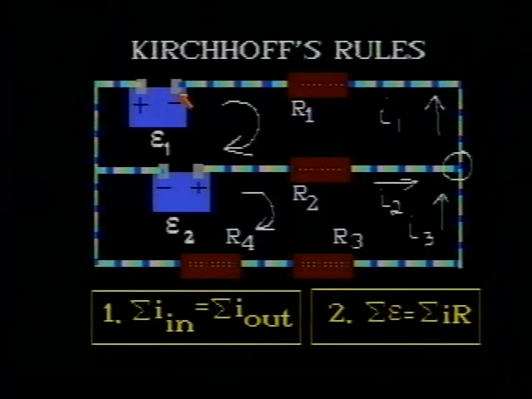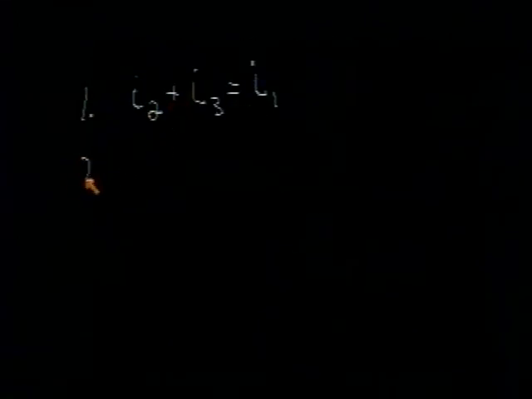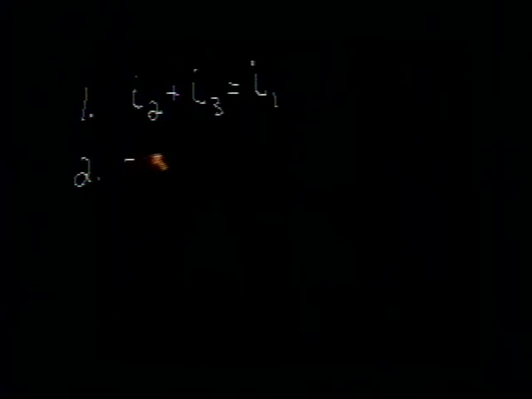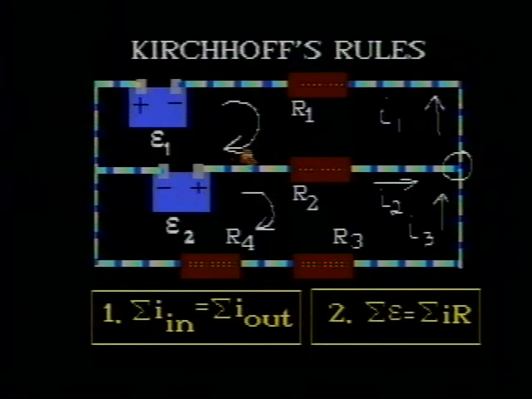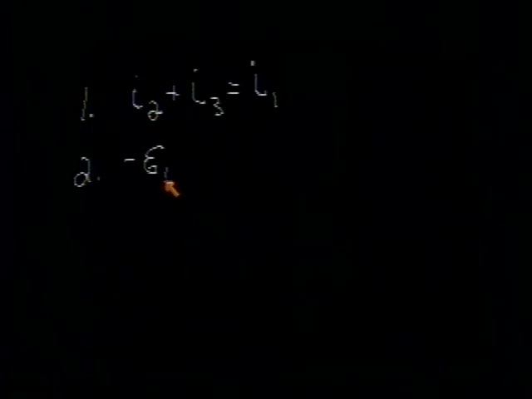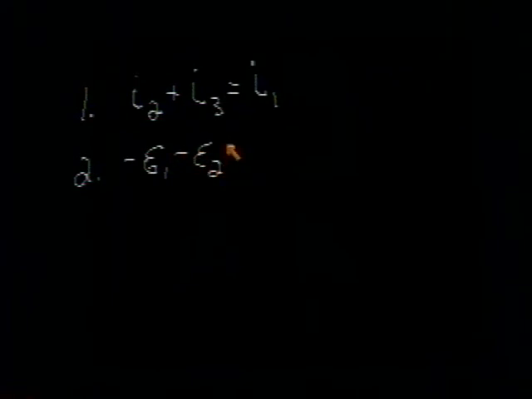Let's write that: minus E1. There is another EMF that we encounter in this loop, E2. It also is passed through from positive to negative, so we should write it as minus E2. That's all of the EMFs.